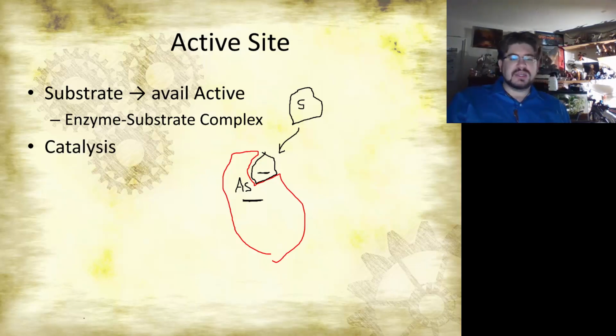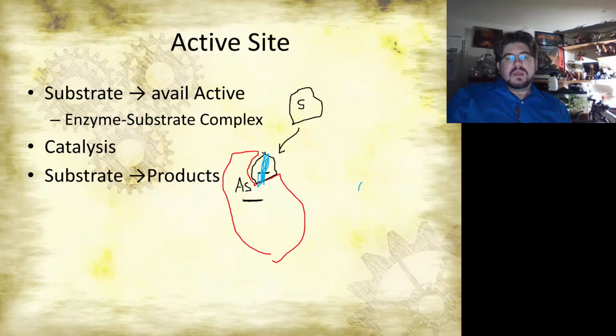Then the reaction is catalyzed, and we break it down. And we convert the substrate into the products at the active site, and then the products are released.